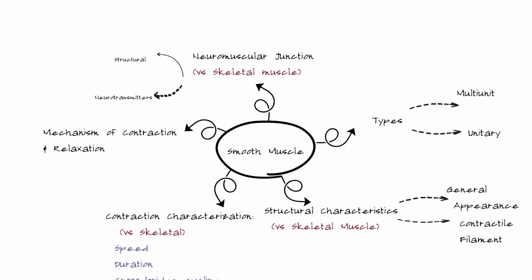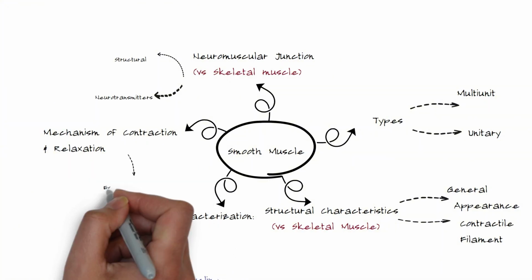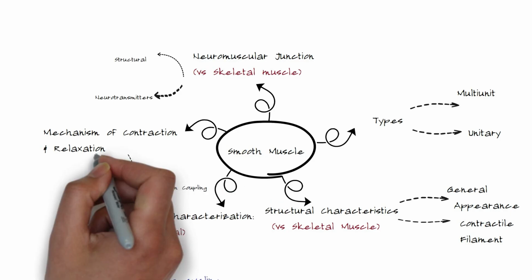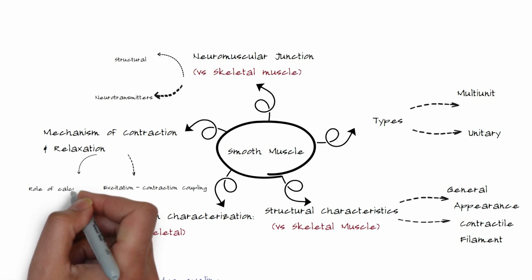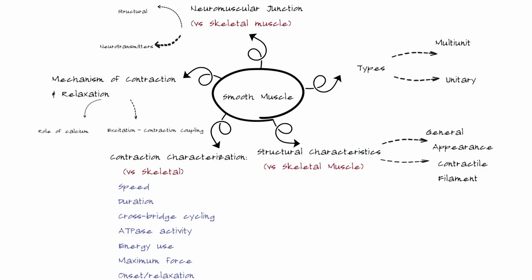And for the mechanism of contraction and relaxation, we talked about the excitation-contraction coupling, and remember the T-tubule is replaced by caveolae, so the action potential propagates through the caveolae. Calcium sources are either from outside or from the sarcoplasmic reticulum, and the stimuli are not only nervous, they could be hormonal, stretching, or a change in the surrounding environment.